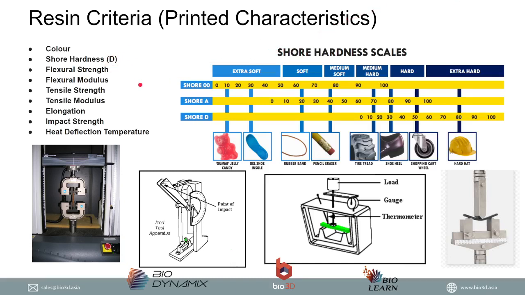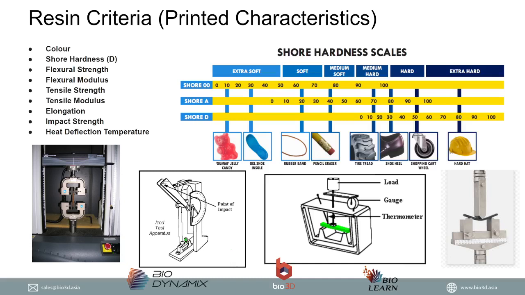The A scale is used for softer materials. For example, you will get a shore hardness number on the A scale for some sort of elastic resin, which is relatively soft and flexible. The second scale is the D scale, used for harder materials. This is how you are able to determine the hardness of your final completed printed part.